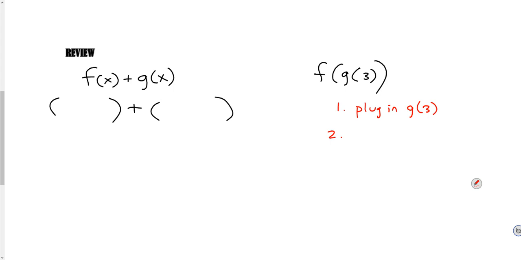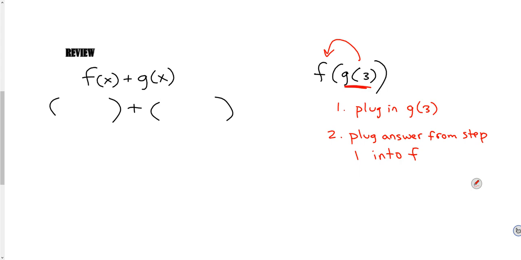Number 2, plug the answer from step 1 into F. It's just the letter F. So you do this part first, you get this answer, and when you get that answer, then you put it into this one.